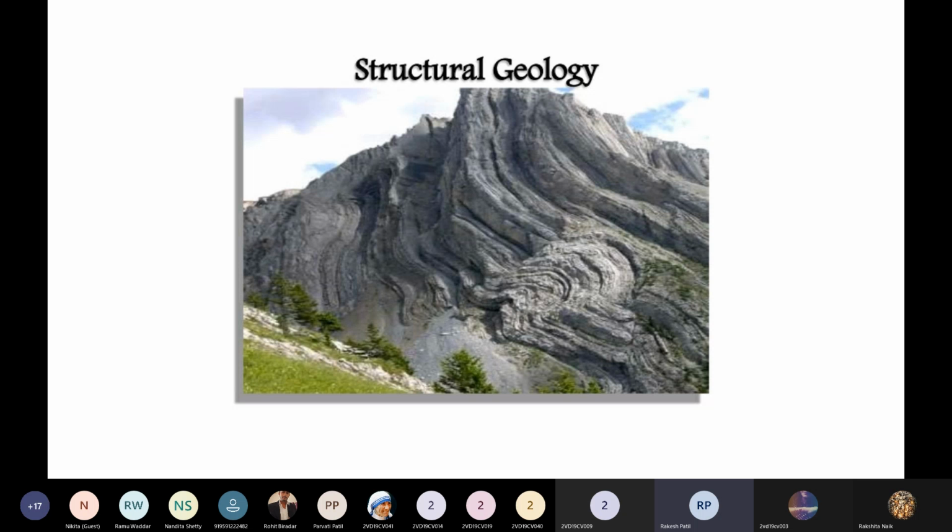What will you see? In the middle portion, you will see one undulation, or else some fractures. That is called deformation of rocks. Due to this deformation, different structures may occur in that particular region. In stress, we have two types: uniform stress and differential stress. In strain, we have three different developments of rocks: brittle, ductile, and fracture.